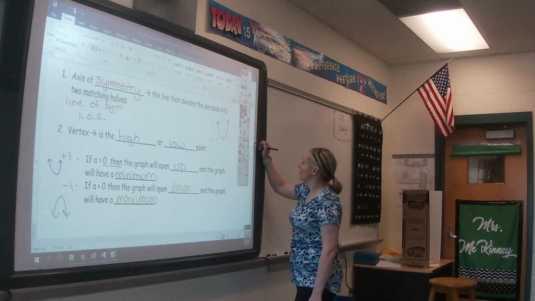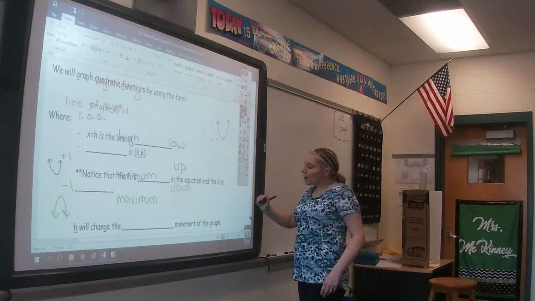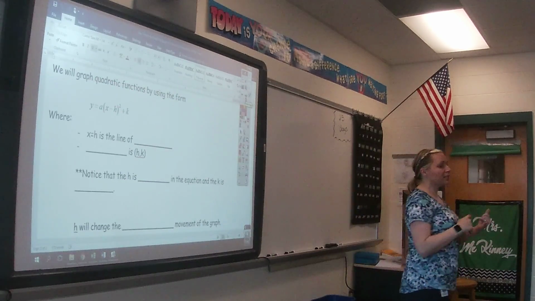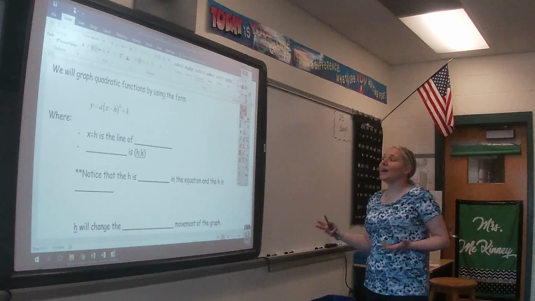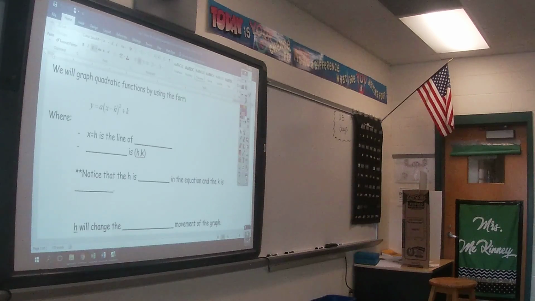I know vocab isn't the most thrilling part. There are multiple ways that we can graph parabolas. So just like we had slope-intercept form, point-slope form, standard form, there's going to be multiple shortcuts with quadratics. The shortcut we're looking at today is this one: y equals a, and then in parentheses, (x minus h) squared plus k.